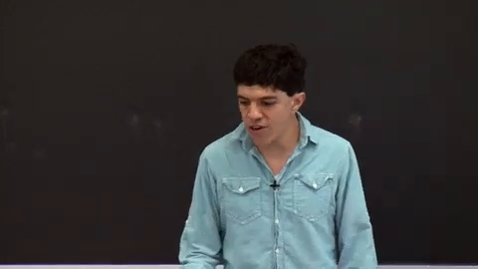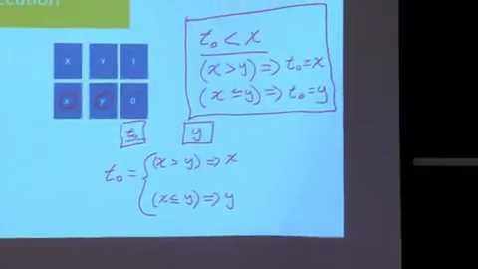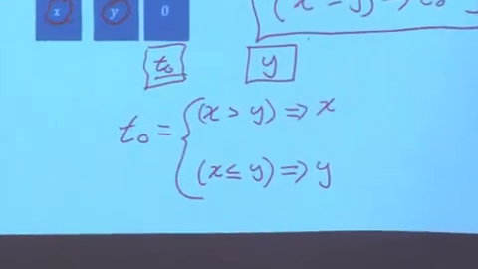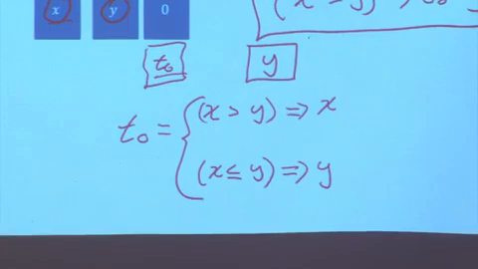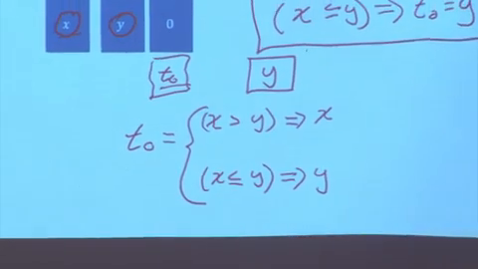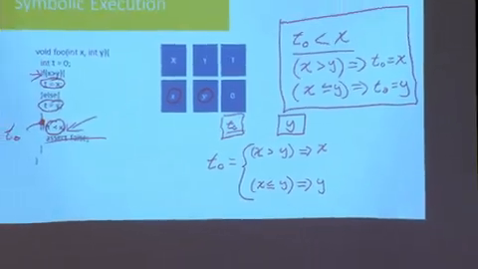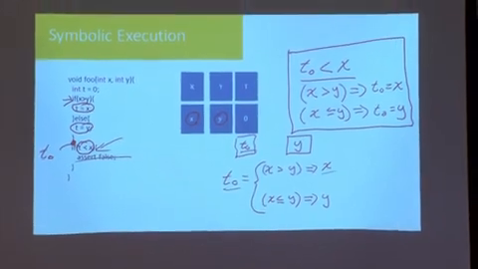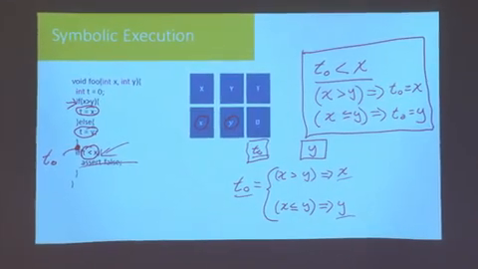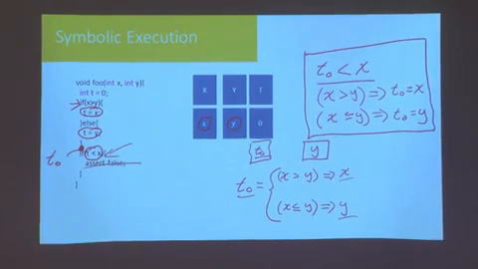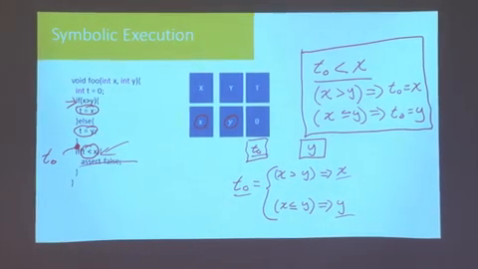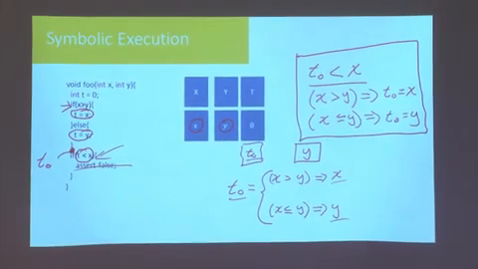And in this case, our other variable names are x, y, t0. And on top of that, we have a set of equations that tell us how those values are related. So we have an equation that tells us how t0 is related to x and y in this case. And solving for that equation allows us to answer the question of whether this branch can be taken or not.